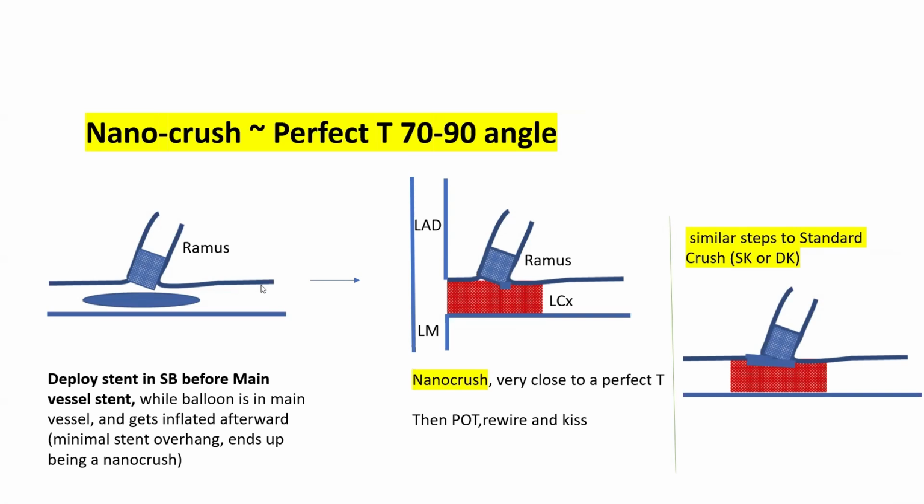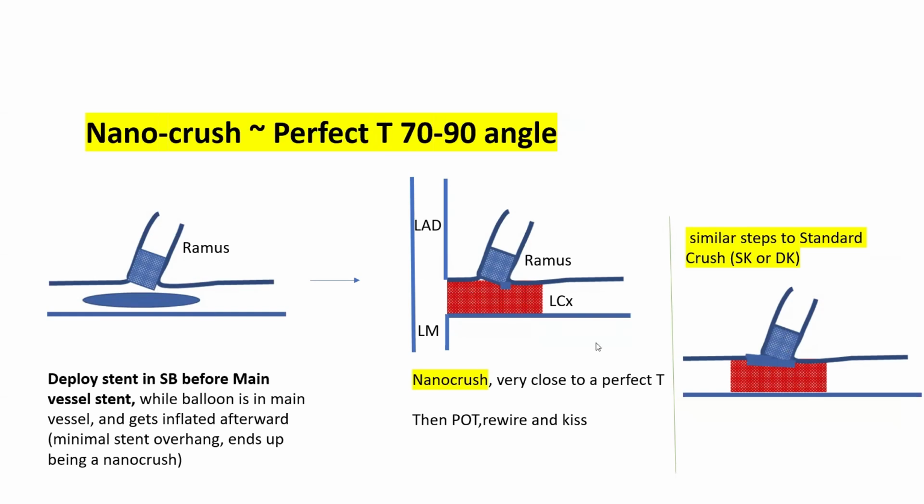And here is an explanation of the nano crush technique. Again, you deploy your stent in the ramus while a balloon is waiting in the circumflex. Then you crush that ramus stent with the balloon. Then you eventually crush it further with a left circumflex stent. It's very similar to the SK crush steps.